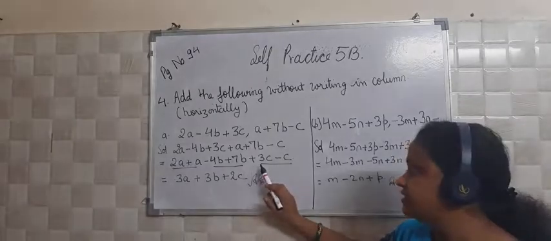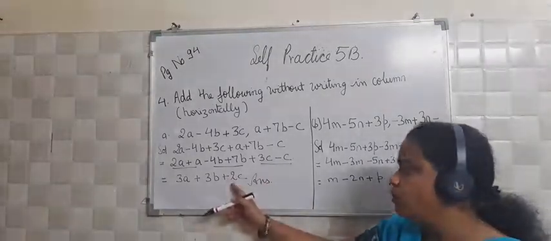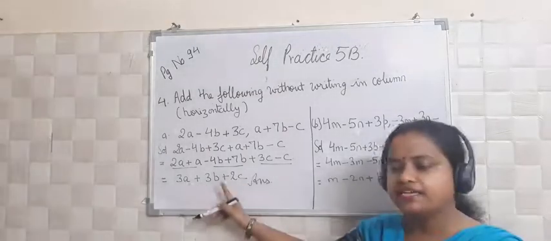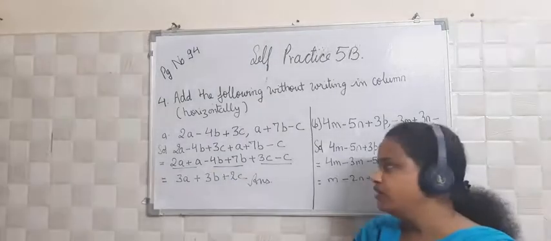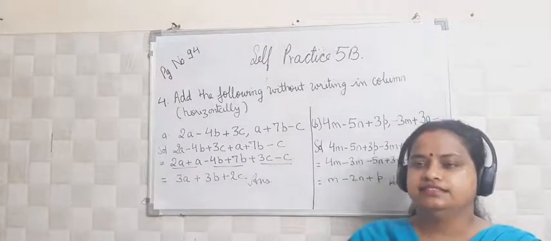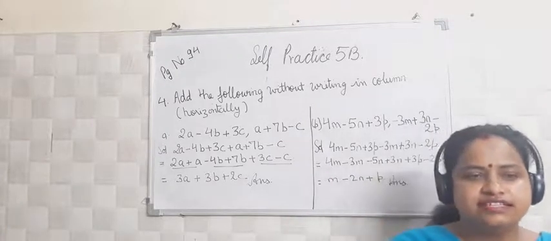And at last 3c minus c. So 3 minus 1, that is 2c. The variable will not change. The variable is written the same as it is written here. You will not write a square or anything else. Correct? Have you seen your answer, whether it is correct or not?